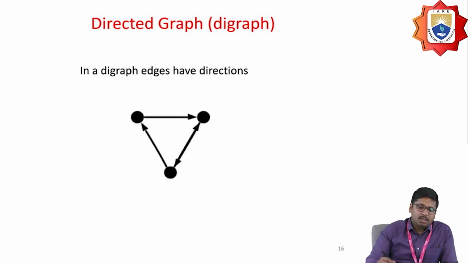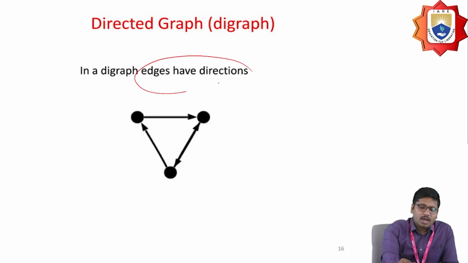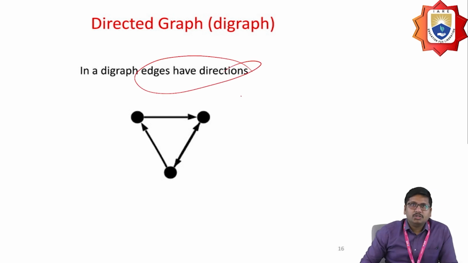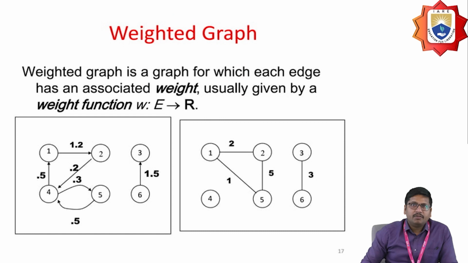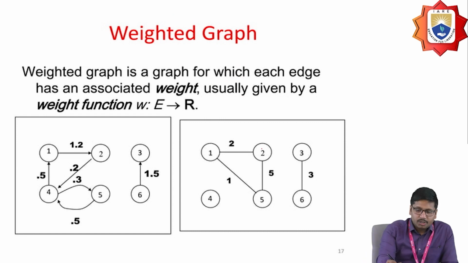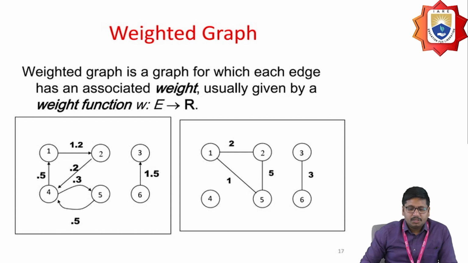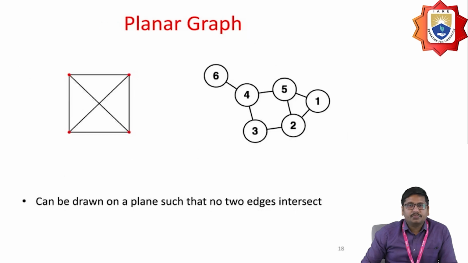The edges have directions. That is the directed graph. And a weighted graph means that whenever I consider a graph, the weights are represented on the edges. That's why it is treated as a weighted graph. Similarly, there are weighted directed and weighted undirected graphs also.